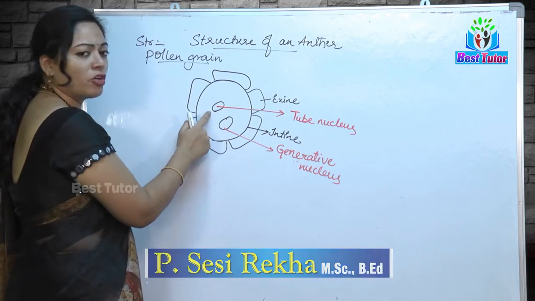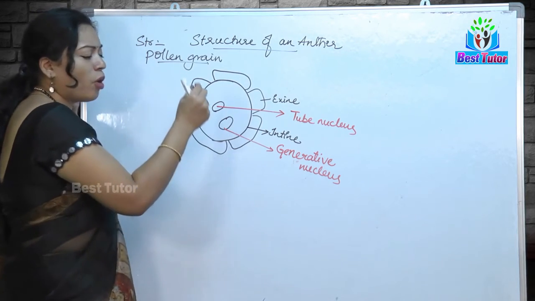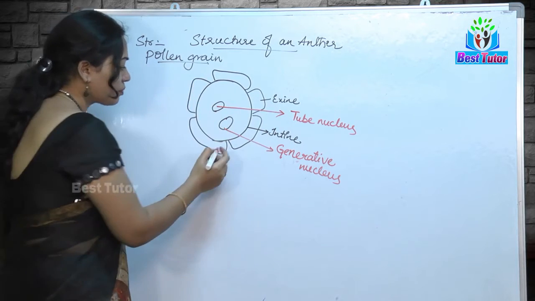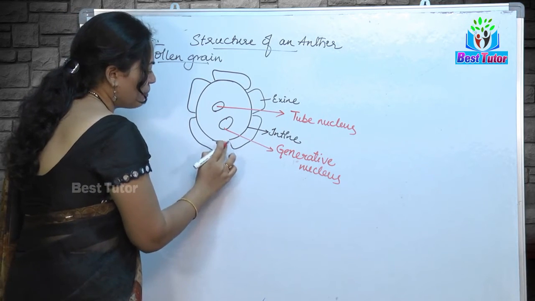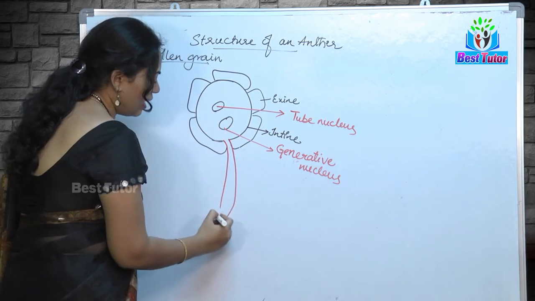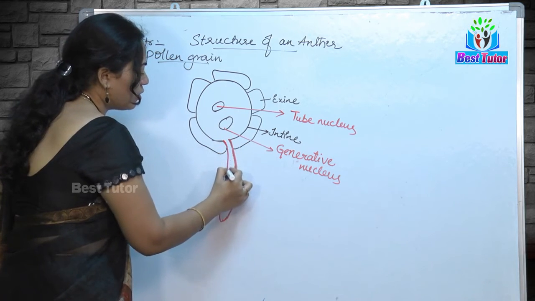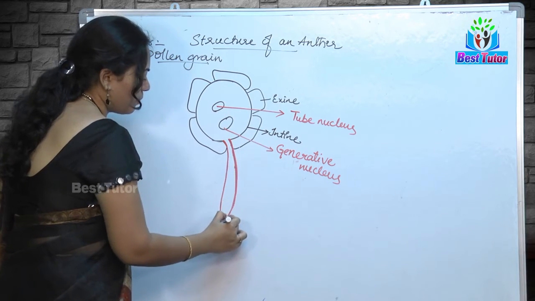Now what is the function of the tube nucleus? The tube nucleus is the one which is going to form a tube-like structure, rupturing the intine and exine. They form a tube-like structure whenever they do the pollination process.